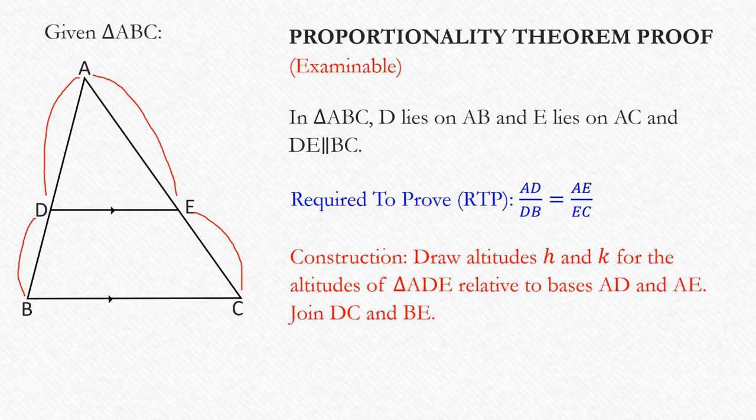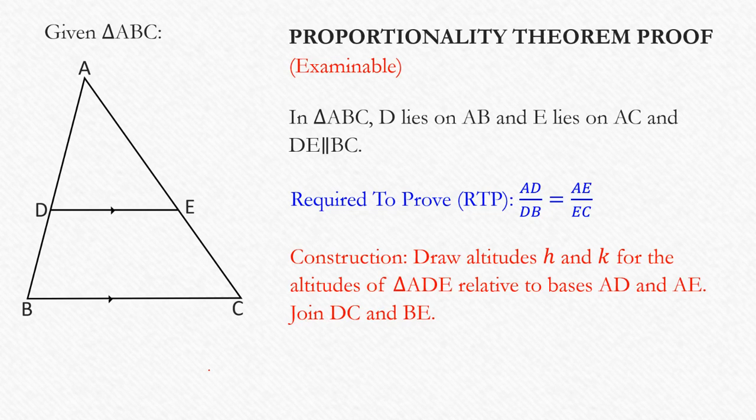And then the construction we have to do. We draw the altitudes H and K. We discussed these altitudes, the heights, just now. For the altitudes of triangle ADE relative to bases AD and AE, and then we join DC. Let me say it again.